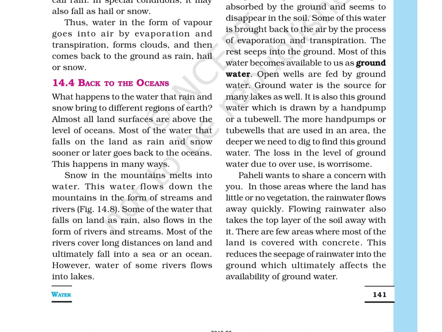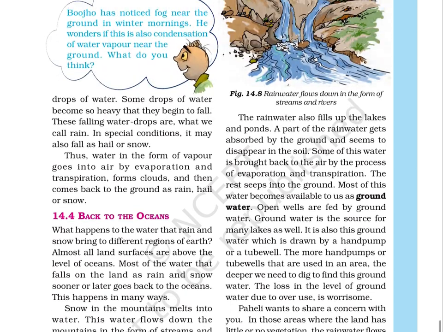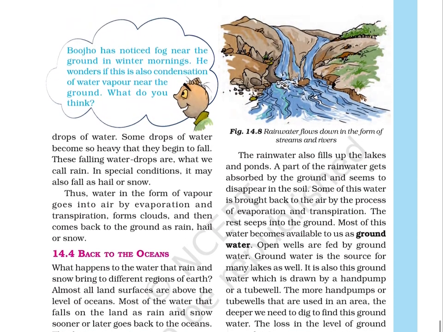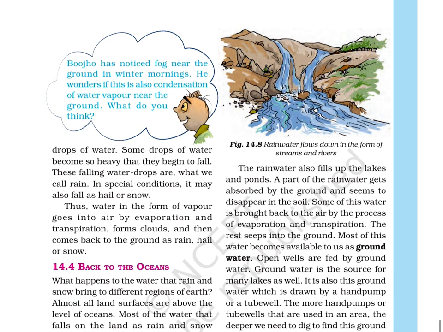However, water of some rivers flows into lakes. The rainwater also fills up the lakes and ponds. A part of the rainwater gets absorbed by the ground and seems to disappear in the soil. Some of this water is brought back to the air by the process of evaporation and transpiration. The rest seeps into the ground.